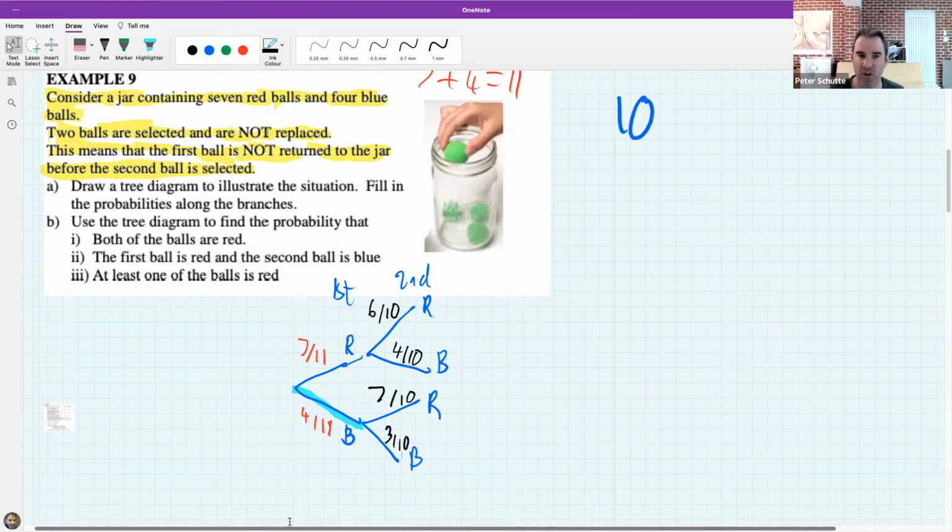Now, let's use our tree diagram to answer this question. First question: what is the probability in this situation that both balls are red? I want you to try and work it out using what you've learned so far. What's the probability, using your tree diagram, that both balls selected are red when you're not replacing that first ball?